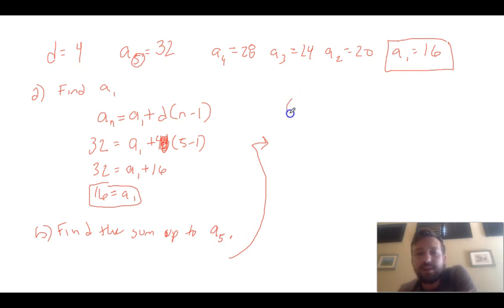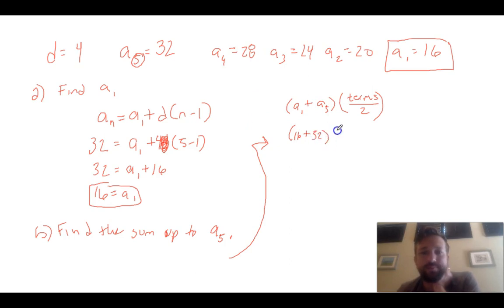Remember, it's a1, the first term, plus the last term, which in this case we're going up to the 5th term, times the number of terms divided by 2. So a1 is 16, we figured that out. 16 plus the last term, 32.